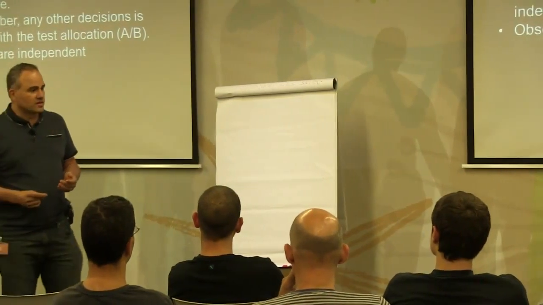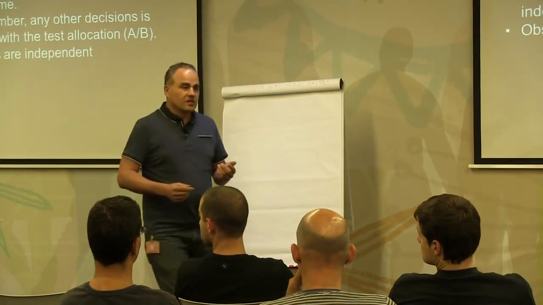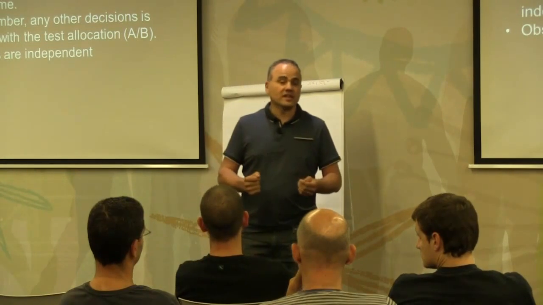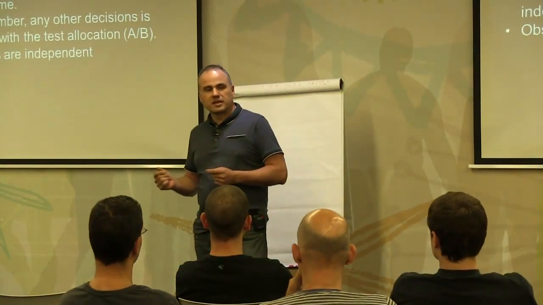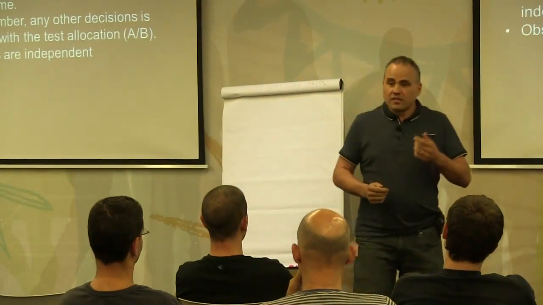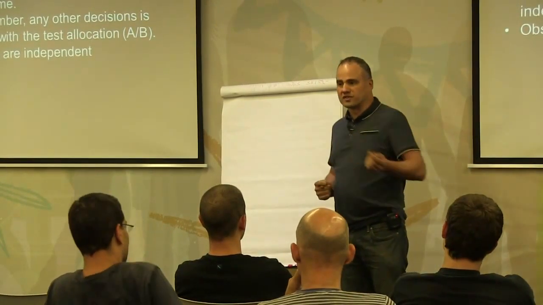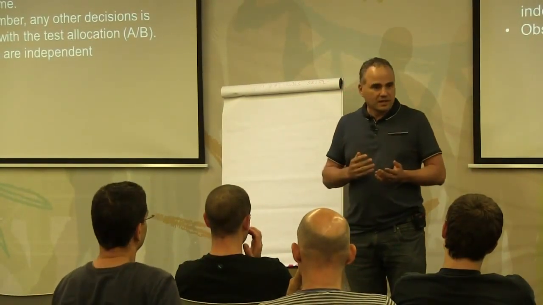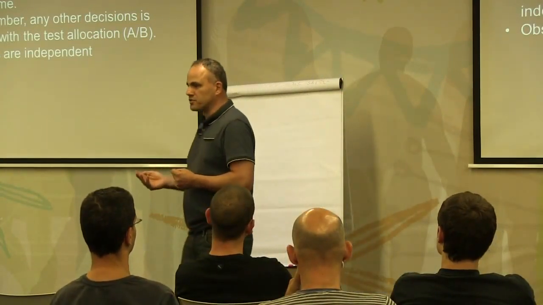Sometimes you want to test a certain procedure and you want to involve doctors in this. When you want to involve doctors and they run the procedure, in the medical domain, there is what is called double blind. It means that the person that allocates the patient to the control or the test group, or A or B, is not the person that is going to conduct the operation or the procedure.